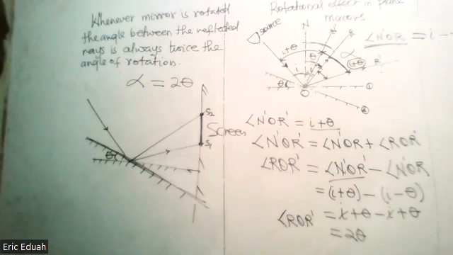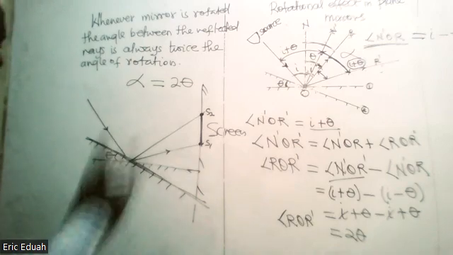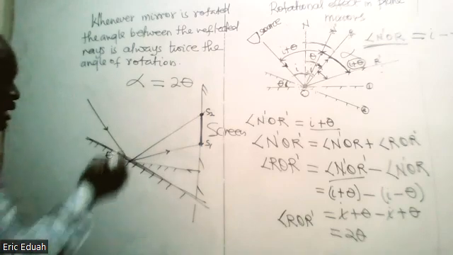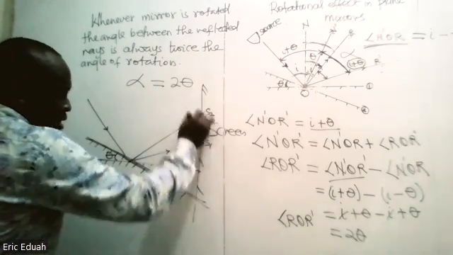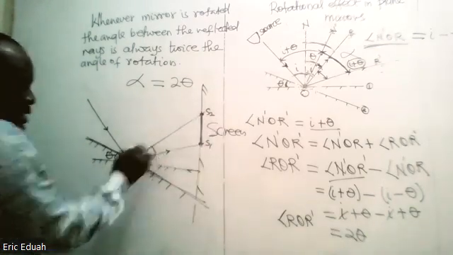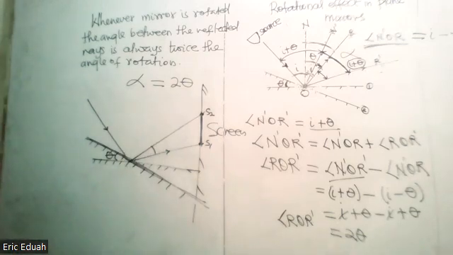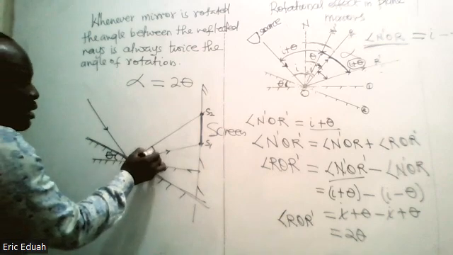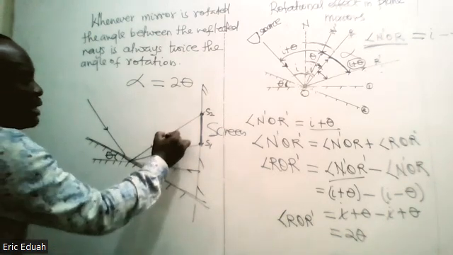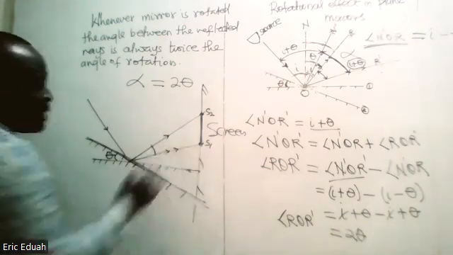Some other information can be given to you. I'll look out for a question that applies this and then solve it with you or give it to you to try. But all that you need to get this distance is this angle, isn't it? This is the angle between the two reflected rays.